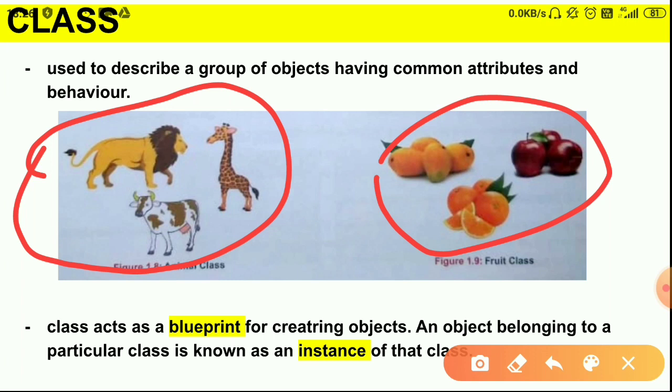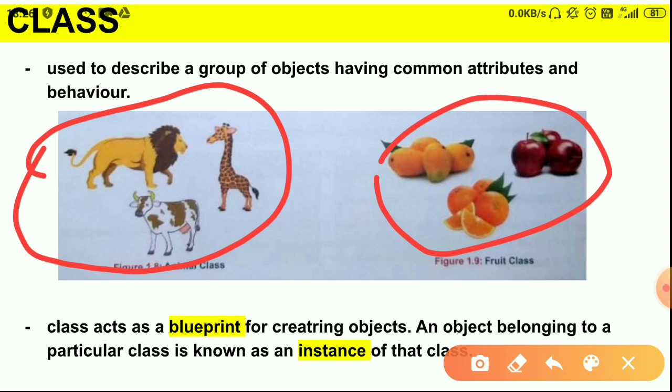The common attributes can be like the color of the animal, name of the animal, right? And what could be the common behavior for all of them? The common behavior could be eat, run, sleep, work, defend, isn't it? These are the common behaviors.